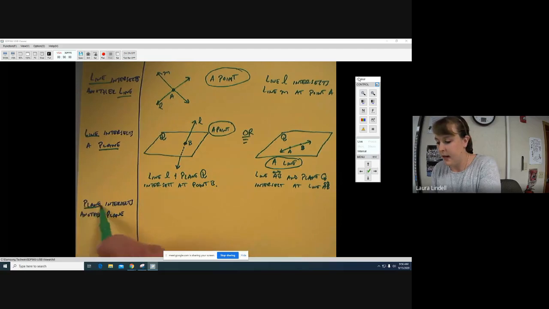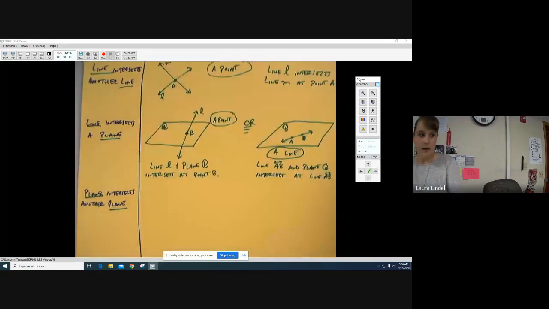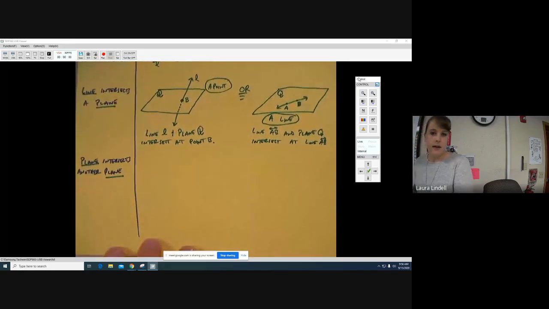All right, so plane intersects plane. Okay, so for this one, there's only one real thing that could happen here, but there's kind of two common pictures of how we can describe this sort of thing happening, because drawing planes is always a little bit dicey.